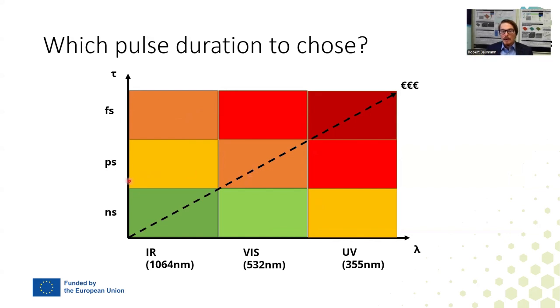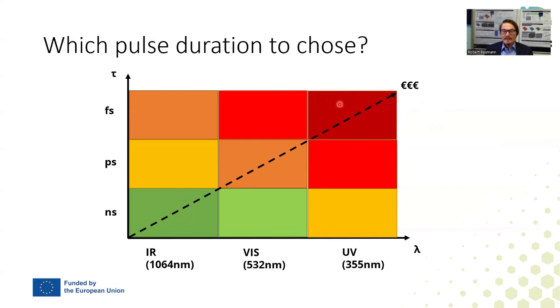So if you can process your sample with a nanosecond infrared one, you will have really good cost effectiveness. And as I already mentioned before, most metals absorb in the UV spectra, and based on that, femtosecond will improve that even further.